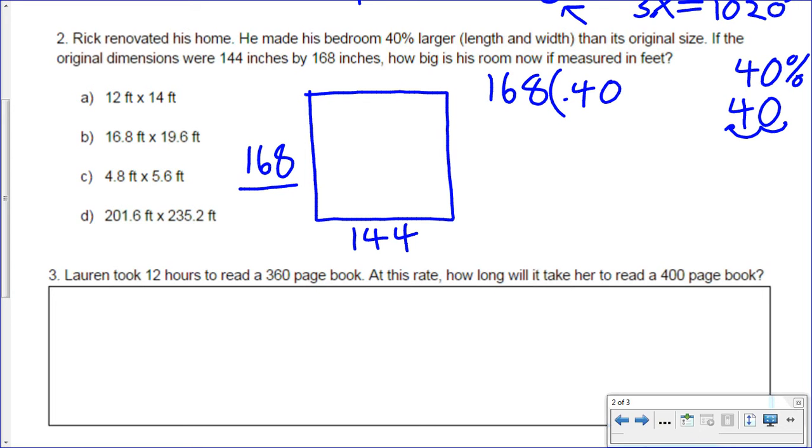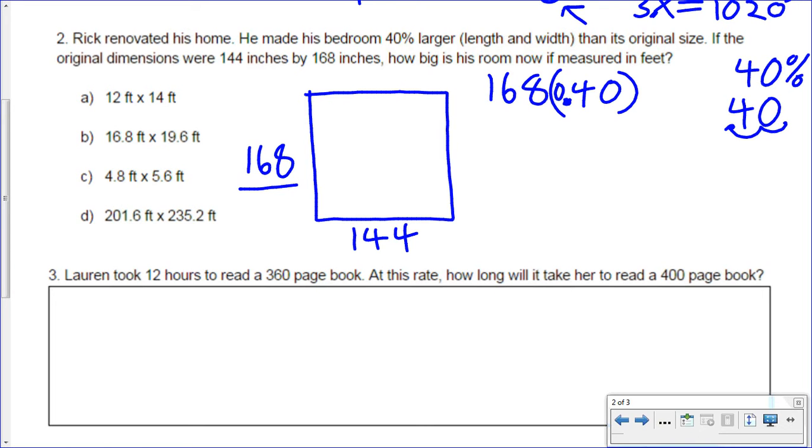So 0.40, or we could write 0.40. You see that a lot. That is optional. If you want to write the initial 0, just make sure that you know that it's 0.4 or 0.40. So now, all we need to do is multiply 168 times 0.40.